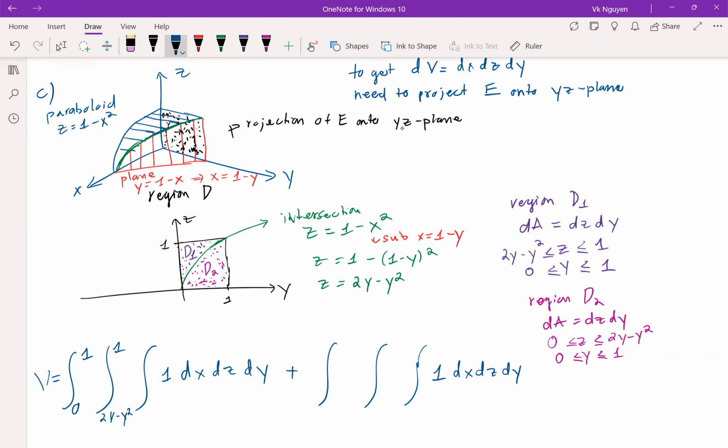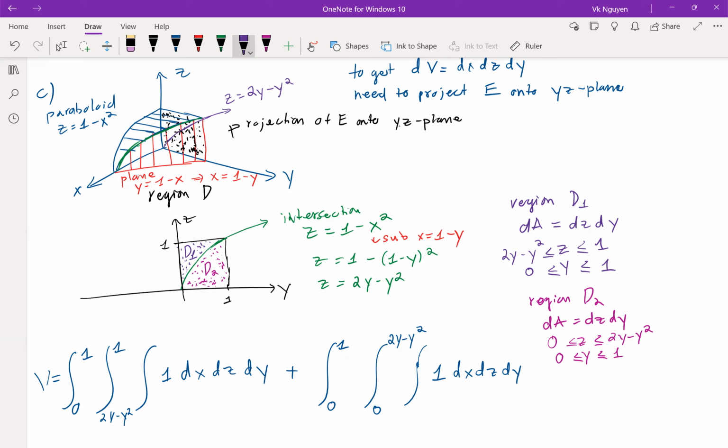And the other one is the sketch of the intersection, right? And then you put it on here, and you can see it a little bit clearer. You guys see this projection of the green curve onto this z equals y minus y squared here. It's the intersection, so you can see D1 and D2, right?